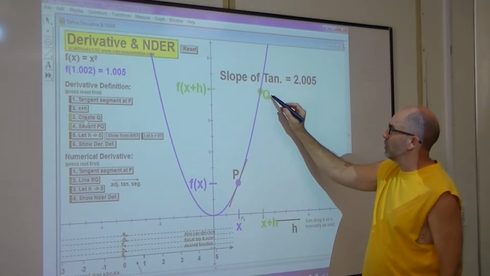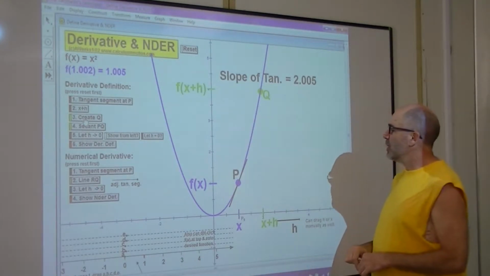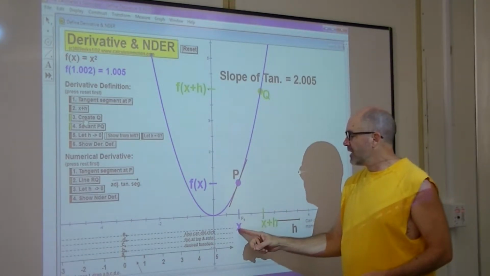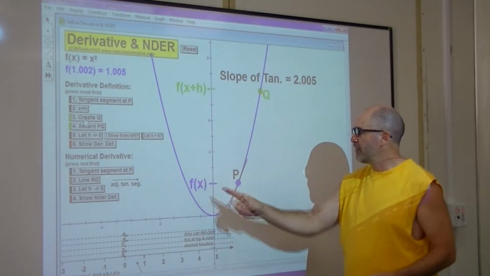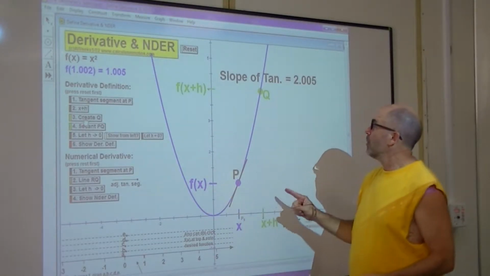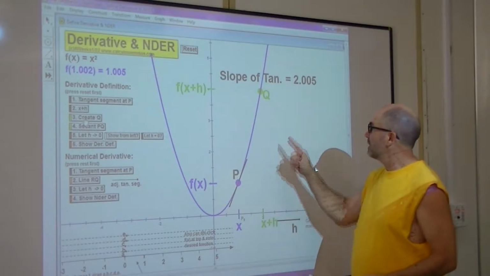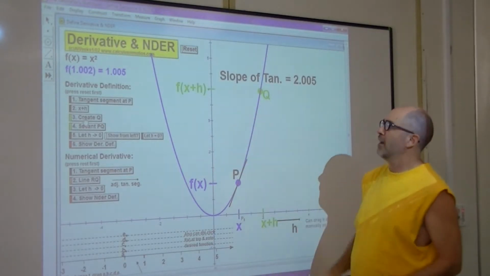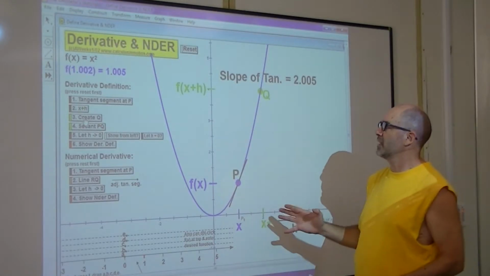We'll call that Q. So notice point P is x, comma, f of x. Point Q is x plus h, comma, f of x plus h.